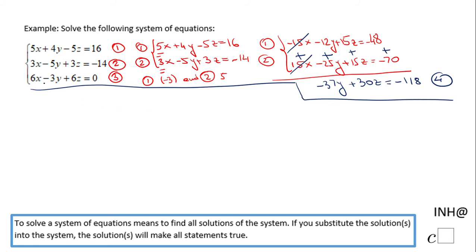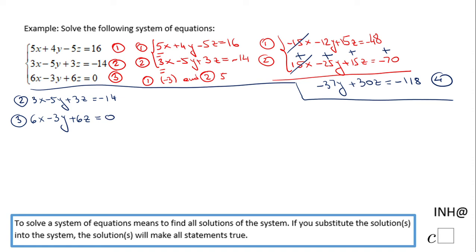And now I'm going to go with equation 2 and 3. Equation 2 says 3x minus 5y plus 3z equals negative 14. And equation number 3 says 6x minus 3y plus 6z equals 0.